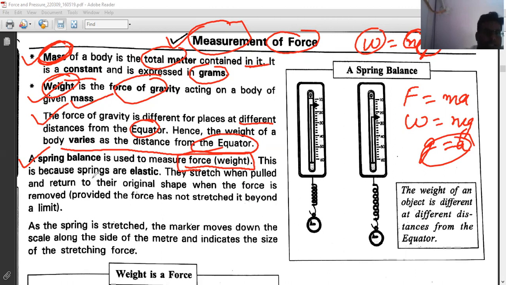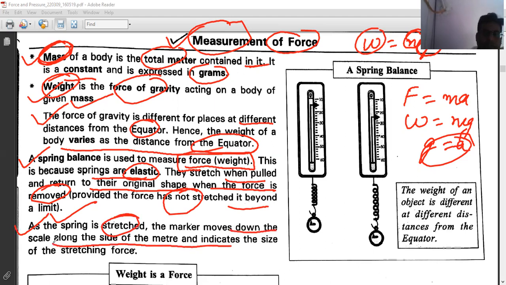So a spring is called elastic. It is stretched when pulled and returns to the original shape when the force is removed, provided the force has not stretched it beyond a limit. As the spring is stretched, the marker moves down the scale along the side of the meter and indicates the size of the stretch force.